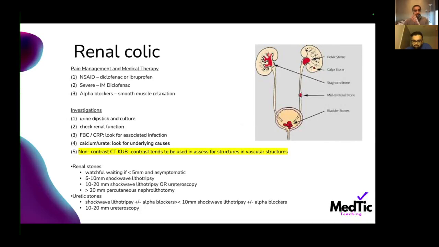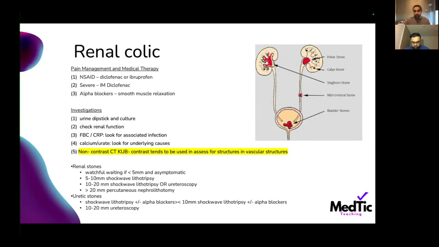I think they tend to lean towards diclofenac because ibuprofen can increase cardiovascular events, but any NSAID is fine. You can also give alpha blockers that cause smooth muscle relaxation, so less compression of the stone. So you've got your investigations, of course, your U&Es, your FBC, CRP to rule out infection, calcium and urate to just understand the nature of the structure.